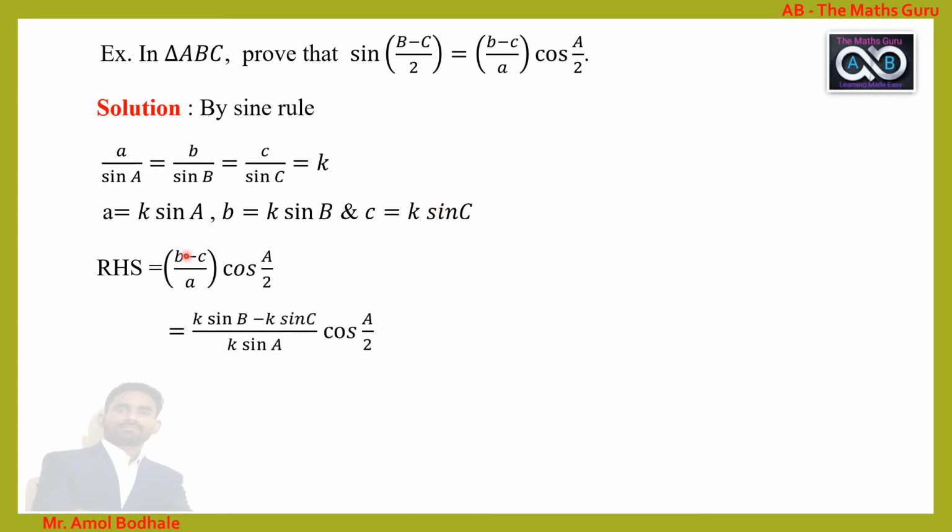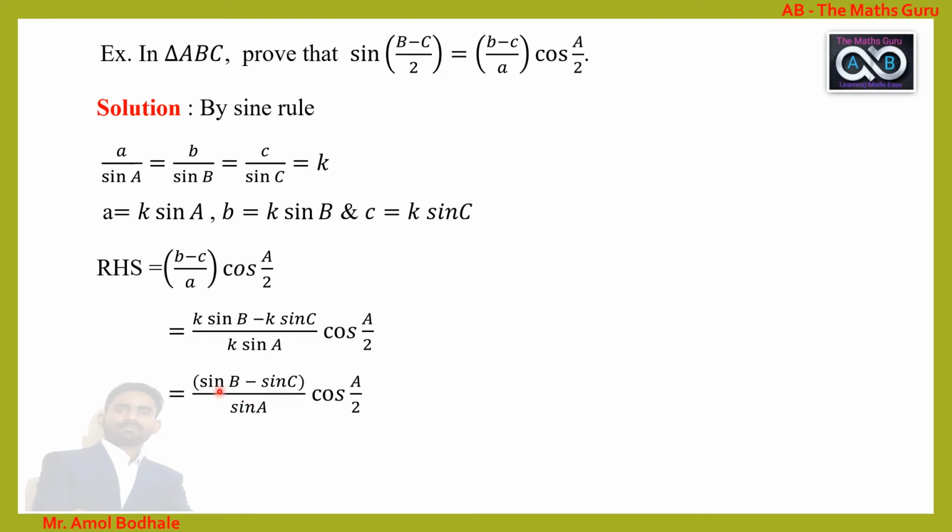Now we can put the values of small a, b and c here. Therefore b is k sine B minus c, which is k sine C, upon a, which is k sine A. Now we can take k common from the numerator and cancel it with the denominator. So we will get sine B minus sine C upon sine A into cos of A by 2.